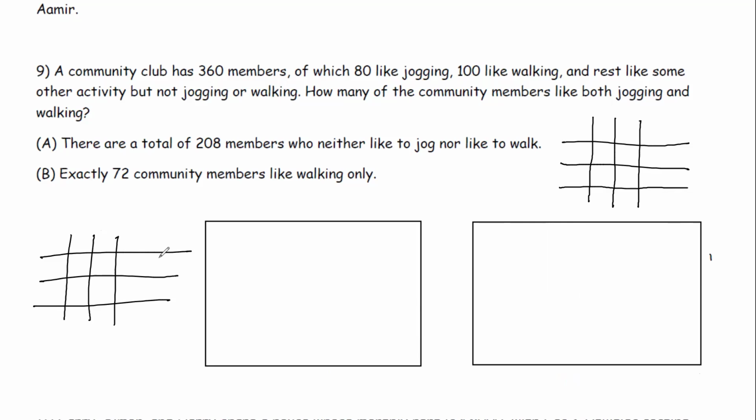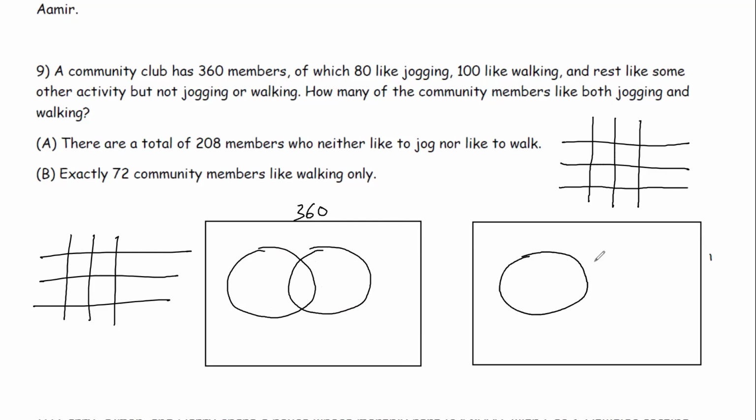Okay. A community club has 360 members. Now 80 like jogging, 100 like walking, and the rest like some other activity but not jogging or walking. So clearly, there are some members out of the 360 who are outside the circles.